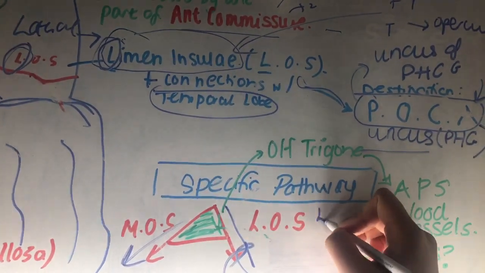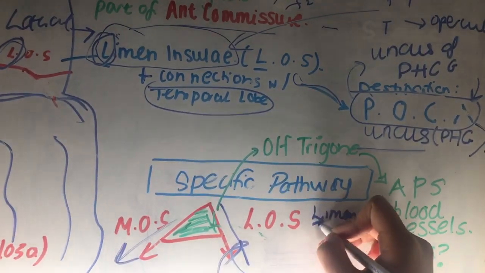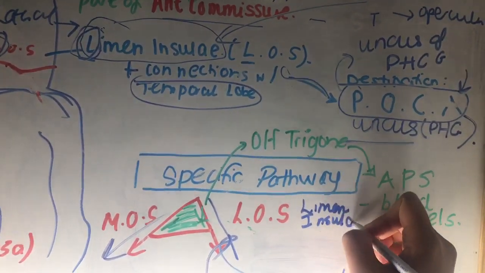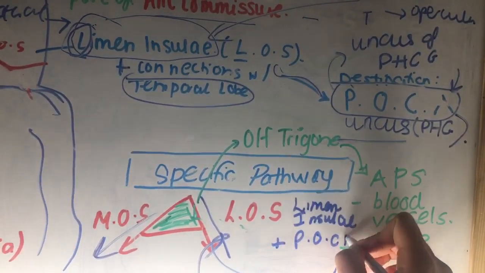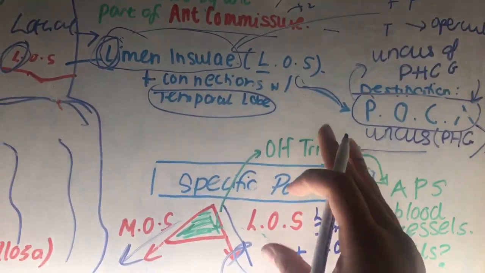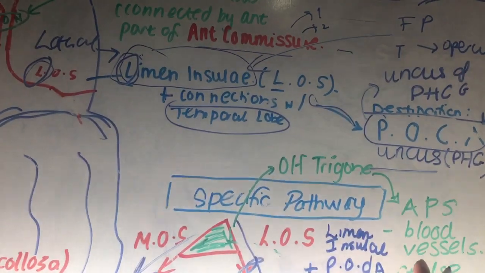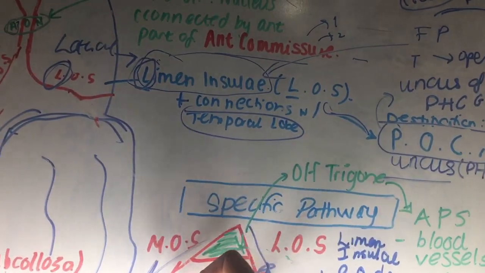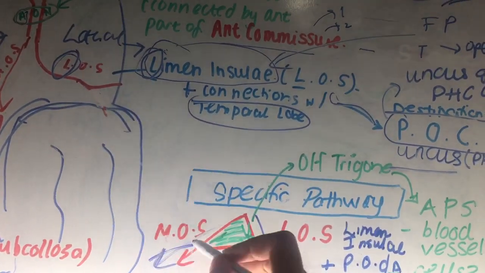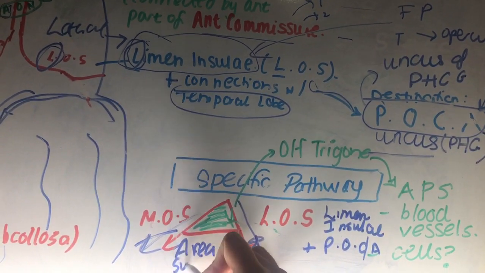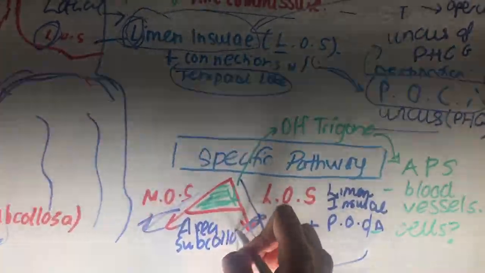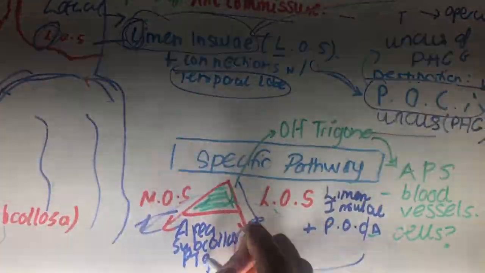And the lateral olfactory stria went in the direction of the limen insulae, and eventually the primary olfactory cortical area, which was the uncus of the parahippocampal gyrus, and then here our medial olfactory stria went in the direction of area subcallosa, where we could find our paraterminal gyrus.